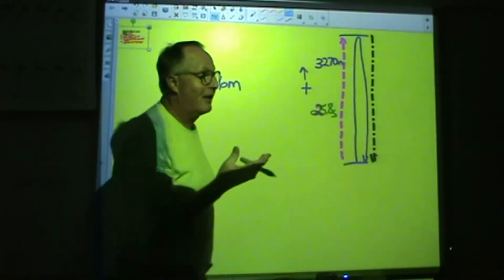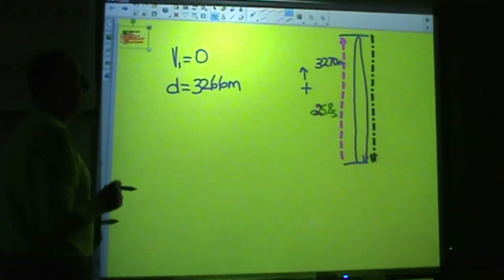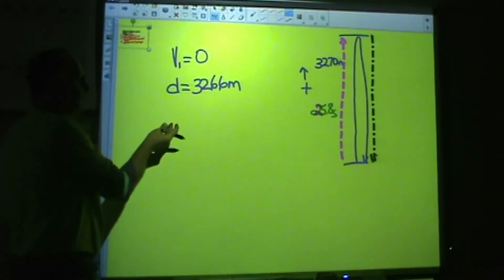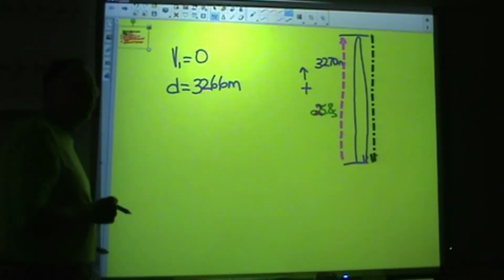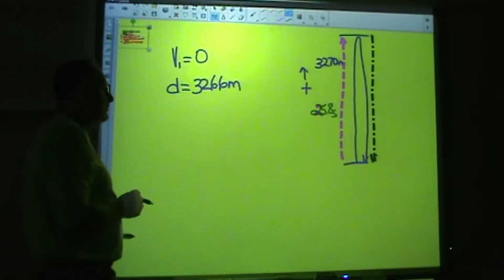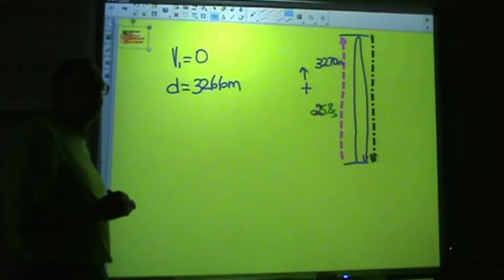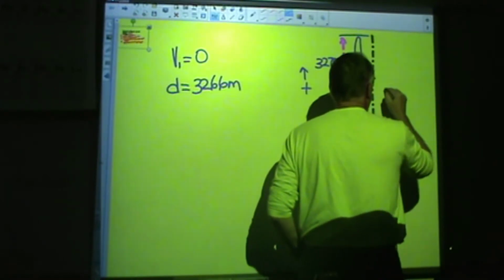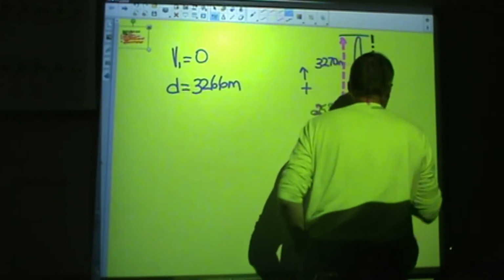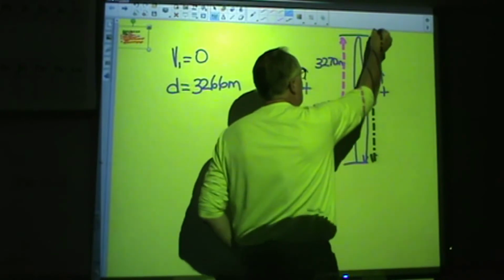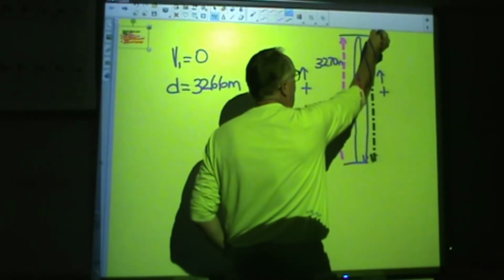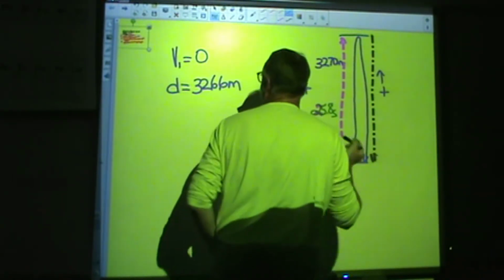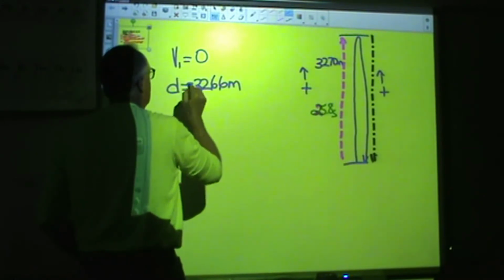You can keep it like that, you just have to make sure you're consistent throughout the problem. So Savannah, it's yours. You want up to be positive or down to be positive? Up? Okay, and I think I just fixed your problem then. So up is positive, but we started with this ball up here and it came down, so this will be a negative.